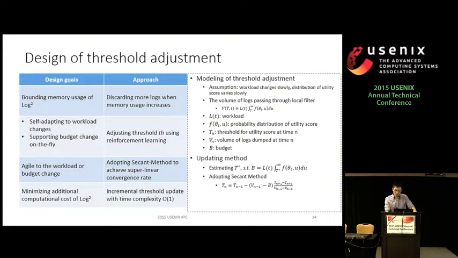Basically, we learn and guess the best threshold from the history, while both the threshold and history data are updated continuously. Third, the complexity of the updating computation must be very low, so it is also with time complexity O(1). Last but not least, we also support budget change on the fly, which enables developers to tune a proper budget for their specific environment and requirement.